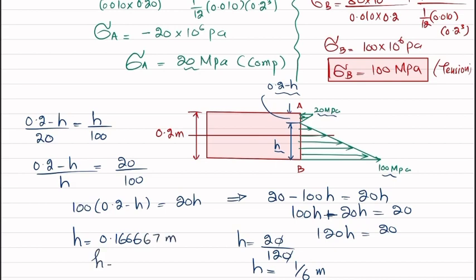So in terms of millimeter, h will be equal to 166.667 millimeter.